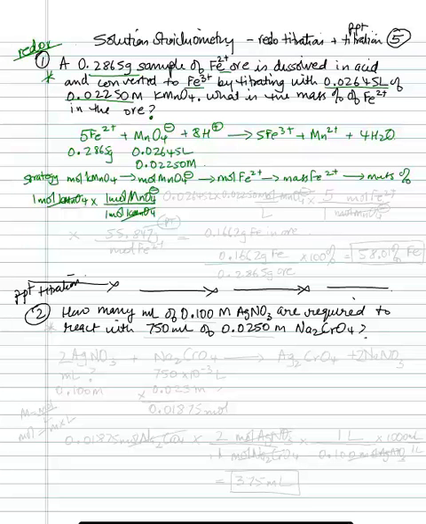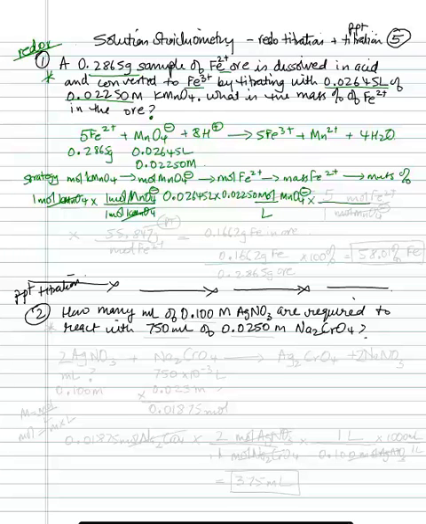Now for moles of manganate, the numbers that you need here are 0.02645 liters times 0.02250 moles per liter of manganate, which is MnO4-, and then we'll go to moles of Fe2+.